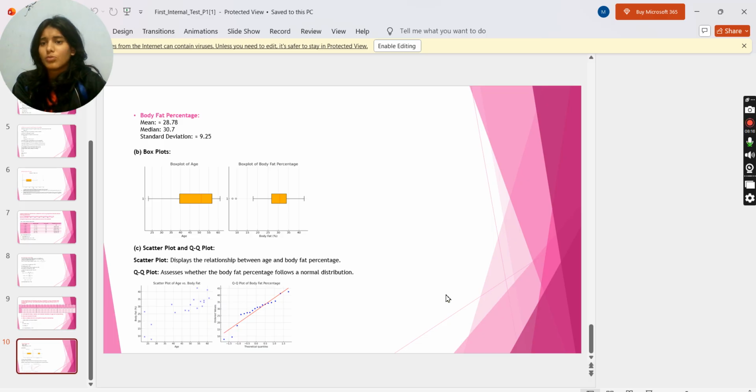Then for the body fat percentage, the mean is equal to 28.78, median is equal to 30.7 and standard deviation is equal to 9.25. Box plot: we'll draw a box plot of age and a box plot of body fat percentage. Now scatter plot and QQ plot. The scatter plot displays the relationship between age and body fat percentage, and the QQ plot assesses whether the body fat percentage follows a normal distribution.